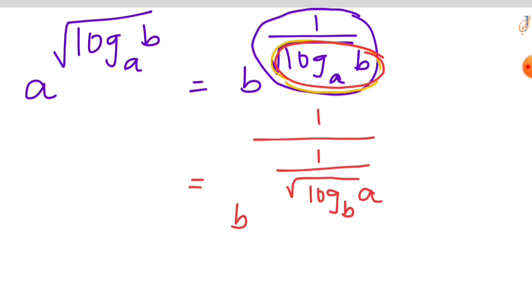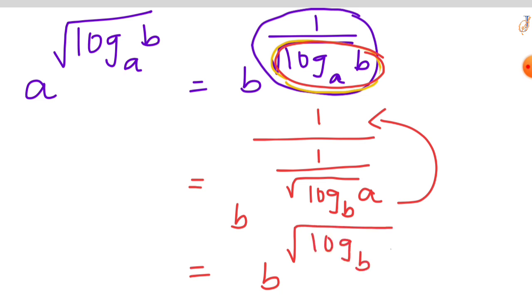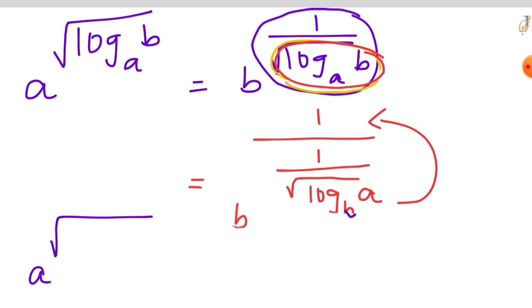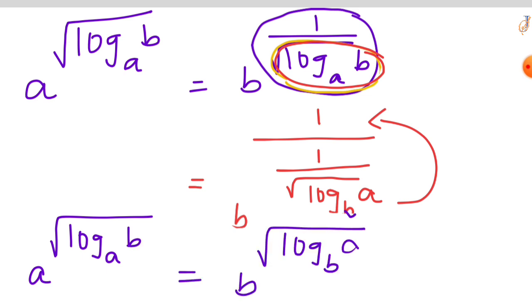This denominator goes to the numerator. So b raised to the power of square root of log base b of a. This is your RHS. Hence we can conclude that a raised to the power of square root of log base a of b, we can write as b raised to the power of square root of log base b of a.